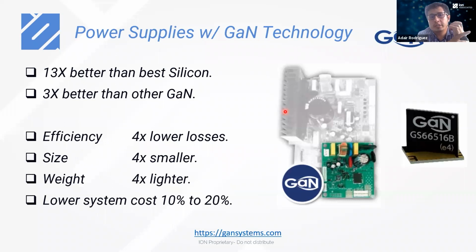We could use GaN. There are many technologies, or we can identify silicon carbide, GaN technologies. So GaN technology can also be implemented in these big power supplies with output power, so we can reduce the size and increase the efficiency.